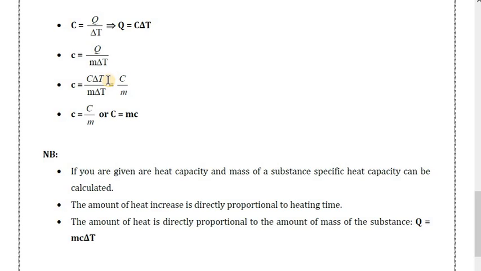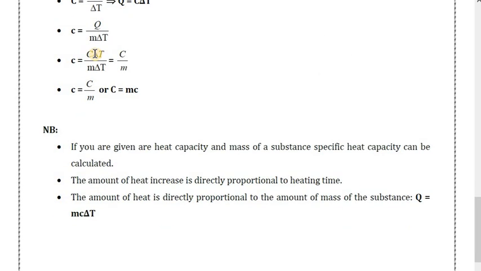That's what they've done. They've said, if this Q, I can replace it with C delta T, because you see on the first equation that Q is equal to C delta T. Capital letter C, that's heat capacity multiplied by temperature change. So this is the same.